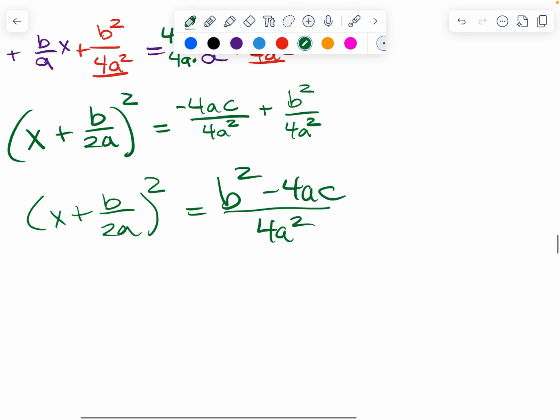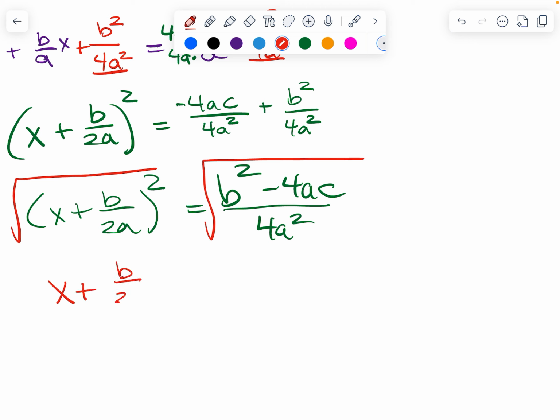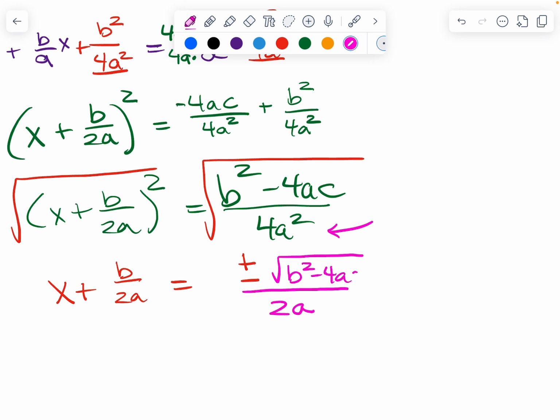just so that the leading coefficient is positive, not negative. I am now going to take the square root of both sides of the equal sign. I'm going to get x plus b over 2a equals plus or minus. Now, this denominator, I can take the square root of that. That would be 2a. On top, though, I cannot take the square root of that, so I'm going to leave it like so.